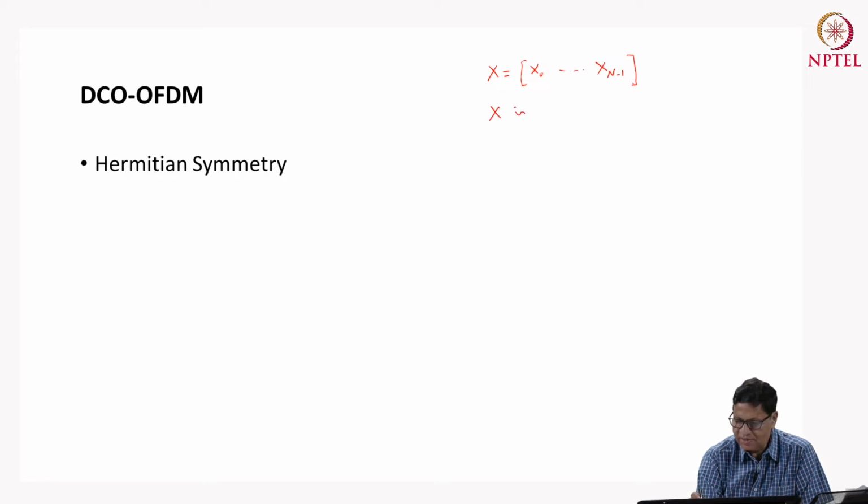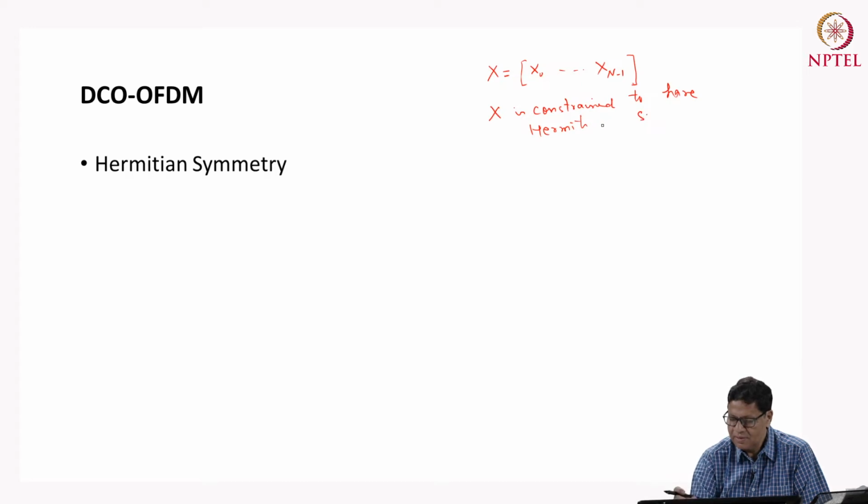So X is constrained to have Hermitian symmetry, that is X_i is equal to X_(N-i) conjugate, for i from 0 to N by 2.